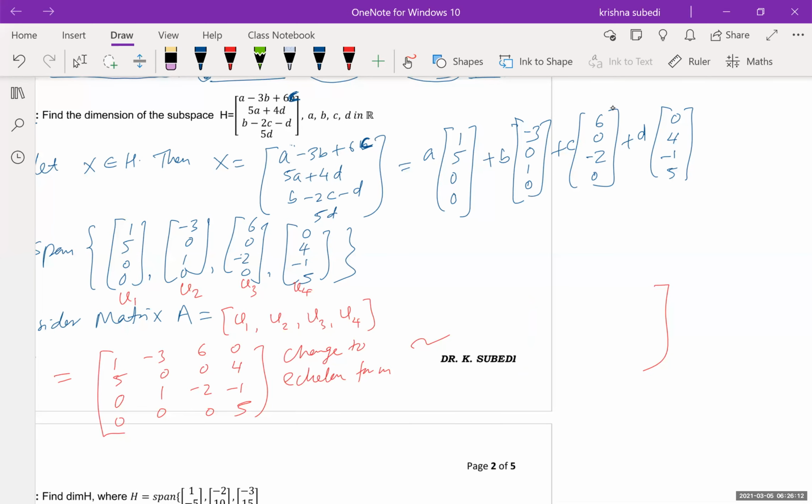So if you change this into echelon form, this is what I got. The first row is negative 1, negative 3, 6, 0.